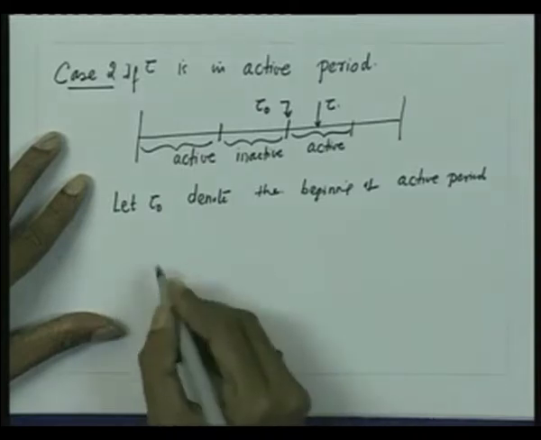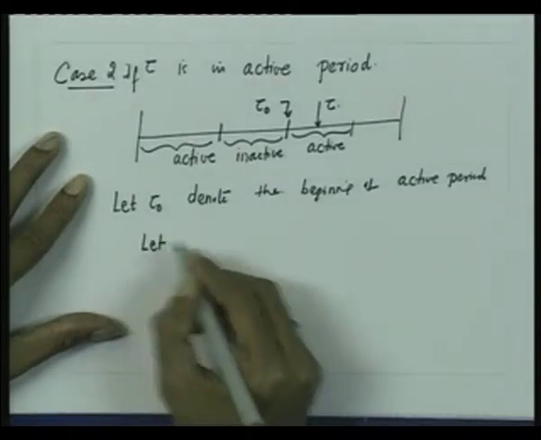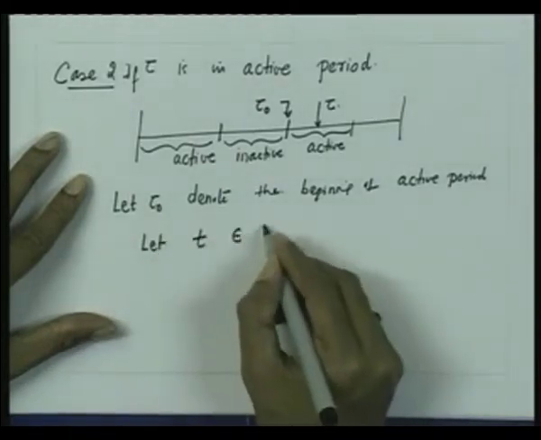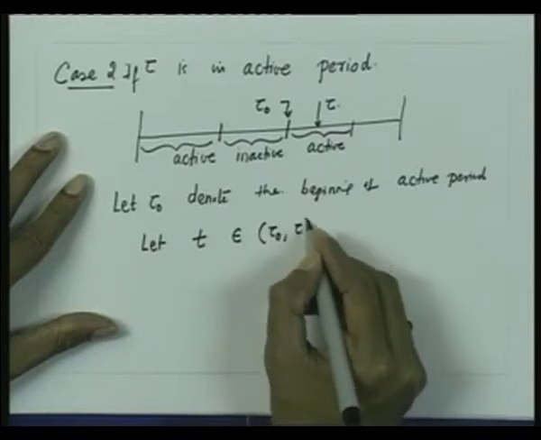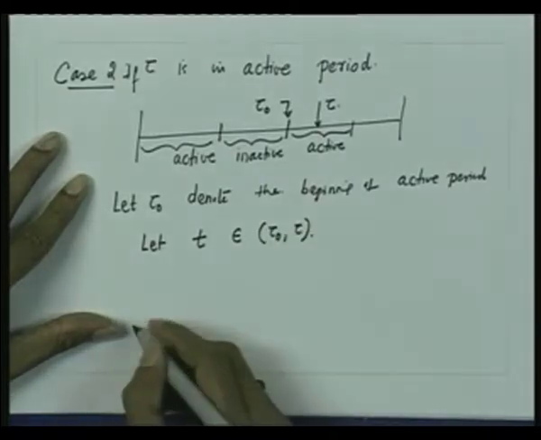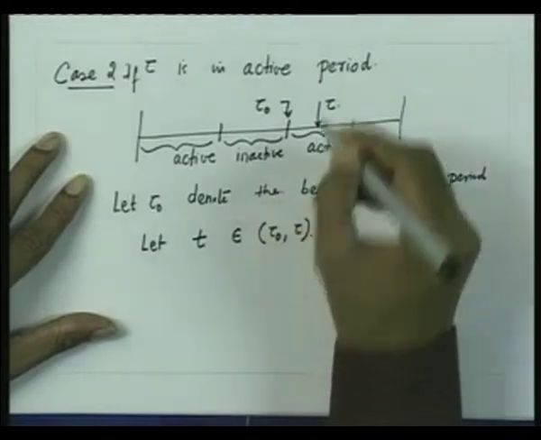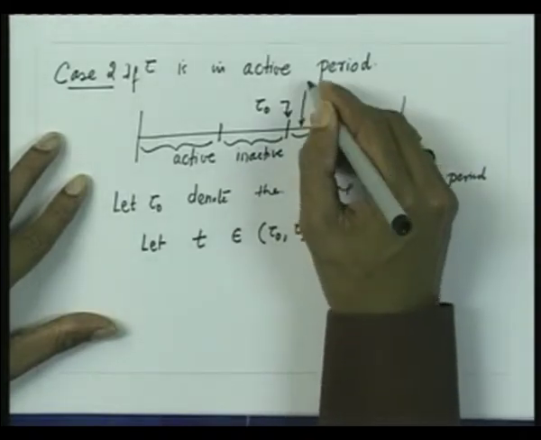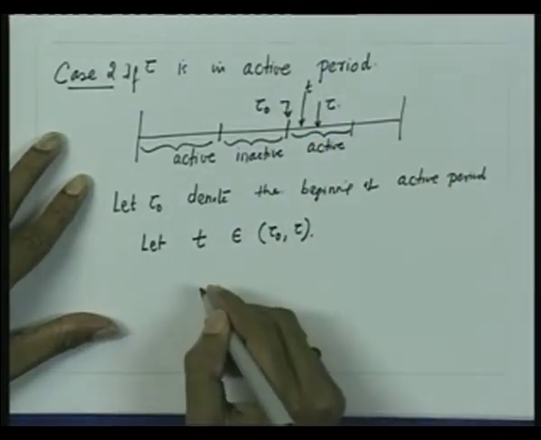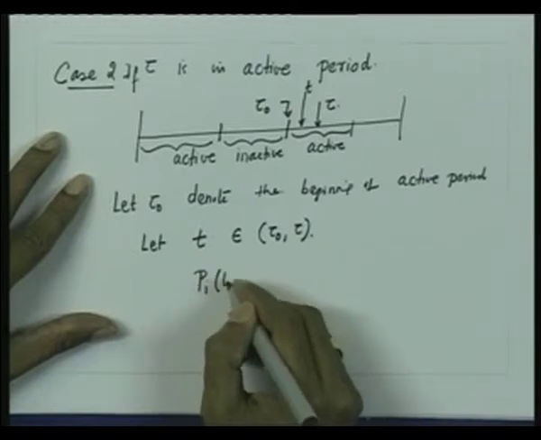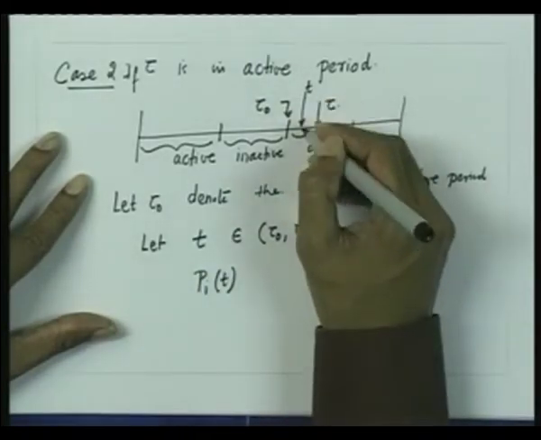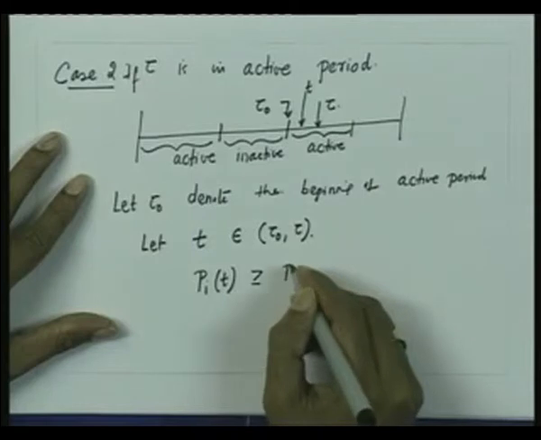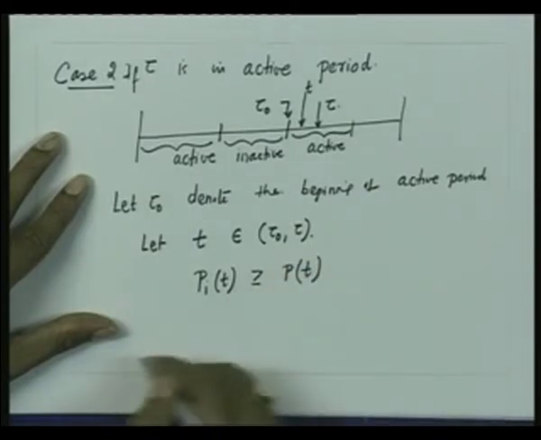Now let us say any t belonging to tau naught to t. Since t is in an active period, Pi(t), that is the session i's potential at time t, should be greater than or equal to the system potential.